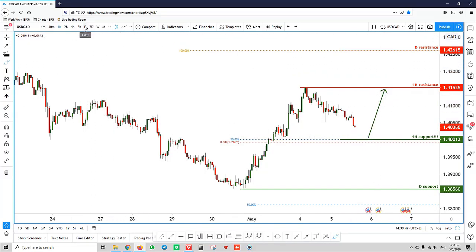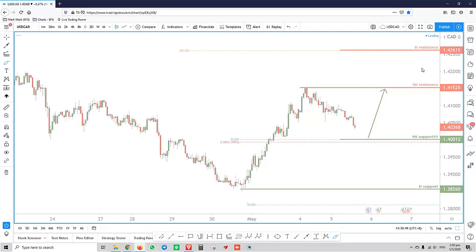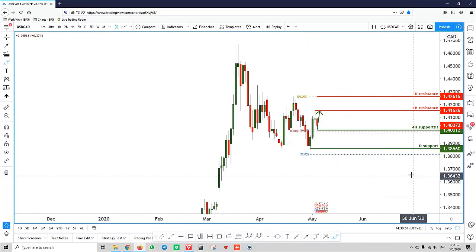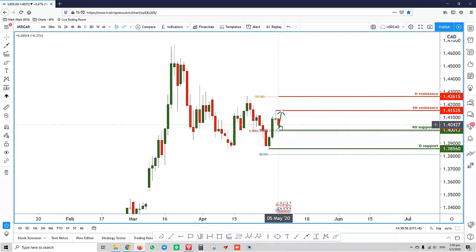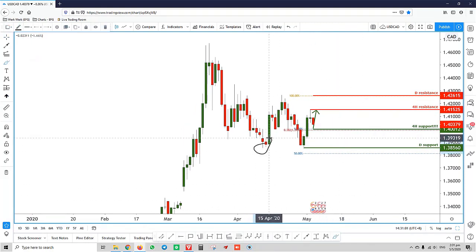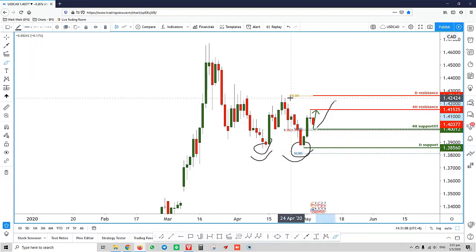So if I were to go back to the daily, recall that price already formed 2 double bottoms, an impending double bottom, and we should expect price to come up to test the daily resistance one more time, because it continues from the previous momentum. So I'm just following the bigger time frame to tell us what we see on the shorter time frame.